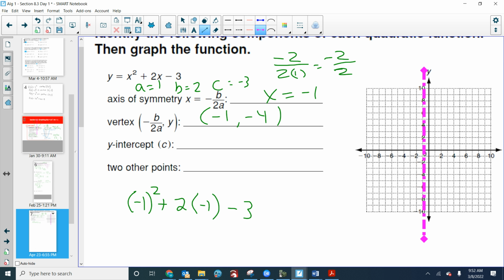Is everybody good? Now watch. We're going to graph this problem. Okay? There's my line of symmetry. Now what I would do up here, guys, before you even start messing with it, is my problem going to open up or down?